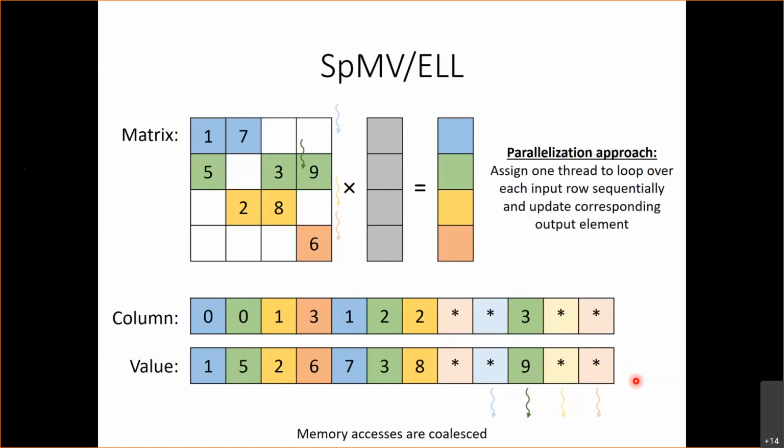What ELL doesn't allow us to do is, given a column index, find the non-zeros in that column. We cannot do that with ELL. However, just like there's CSR, there is CSC. Remember how we had compressed sparse row, and we had compressed sparse column, which was like CSR but made it easy to access the columns.